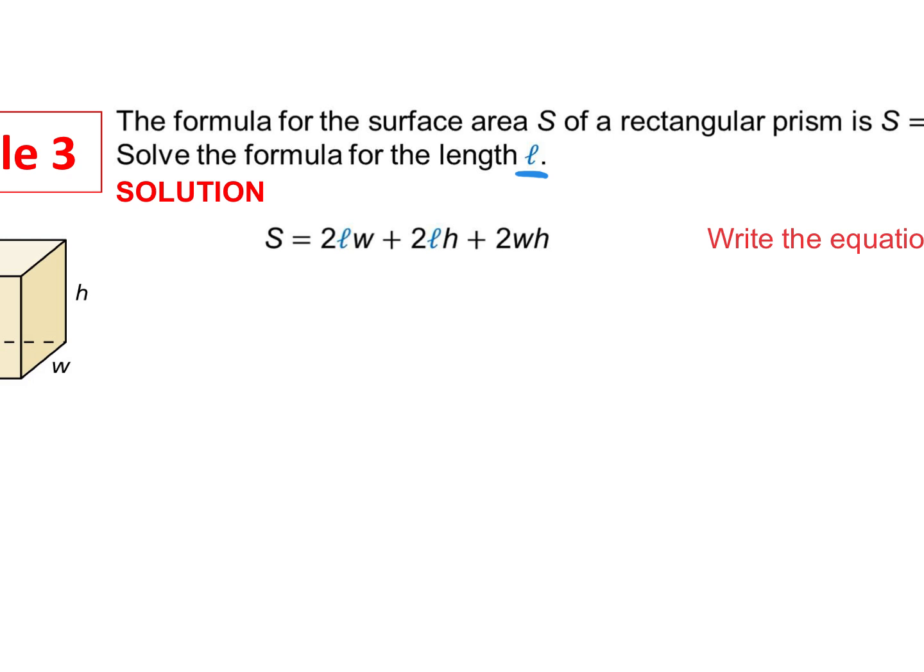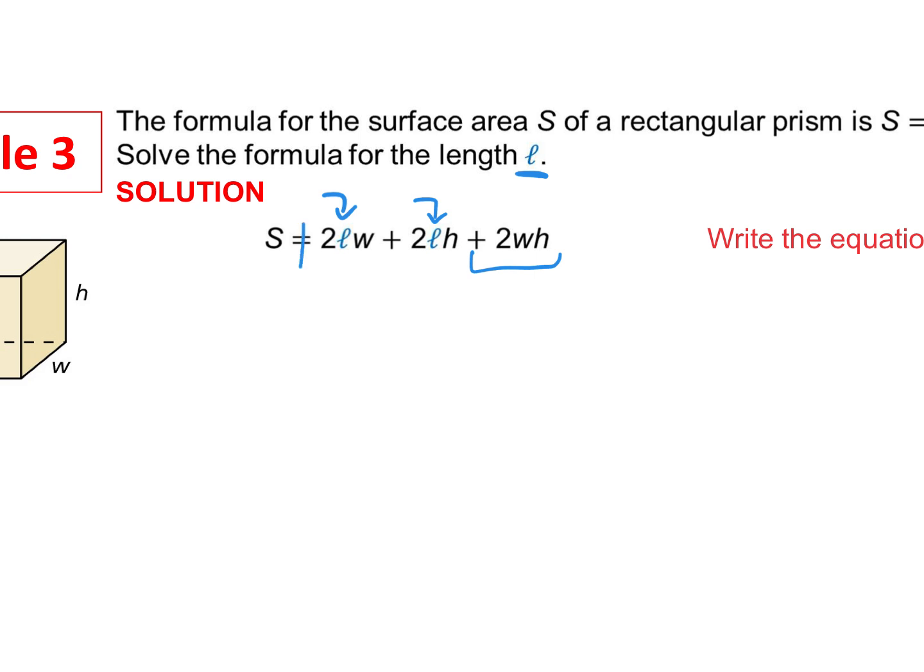Same process as always, we want to identify our variable. It's going to be this L and this L right here. Again, there's two of them. So we're going to do something similar to the last one. But first, we have another straggler over here that doesn't have an L but is still on this side of the equal sign.